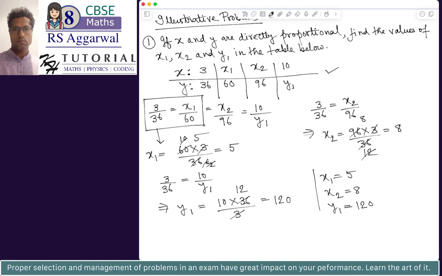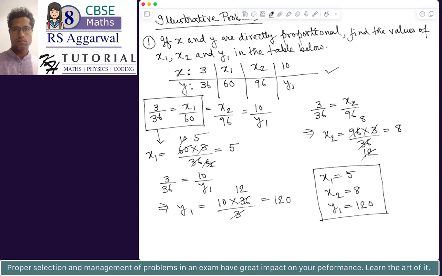So this is a standard pattern of question where you will be given a table of quantities x and y, which are in direct variation. You will be given a table where there will be some unknown values of x and some unknown values of y.